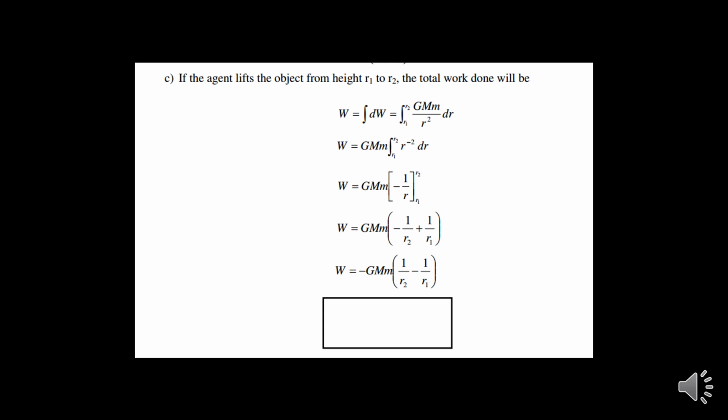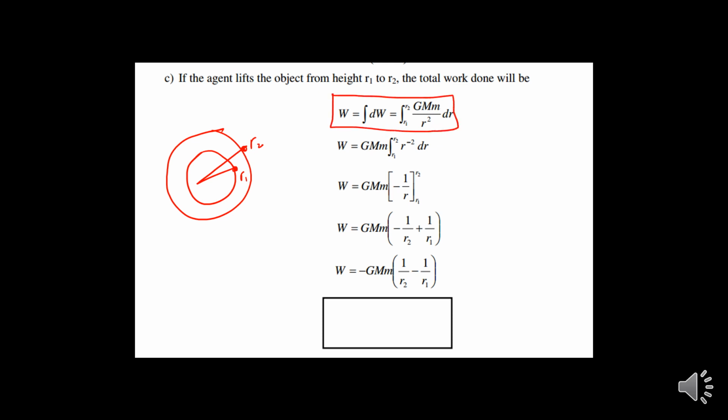Okay, if the agent lifts the object from height r1 to r2, let's say this is r1 and this is r2, meaning changing position from r1 to r2, the total work done will be like this. You have to integrate this formula. After we integrate, finally we get this work, and it is negative because we are changing this, so we take the negative sign out to the front.